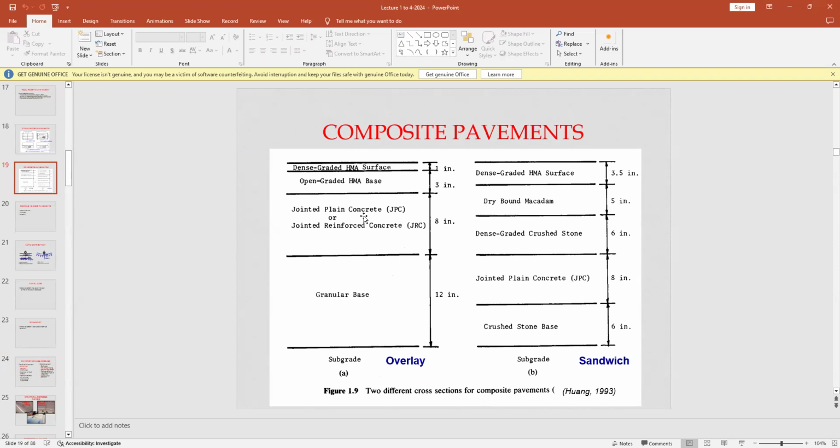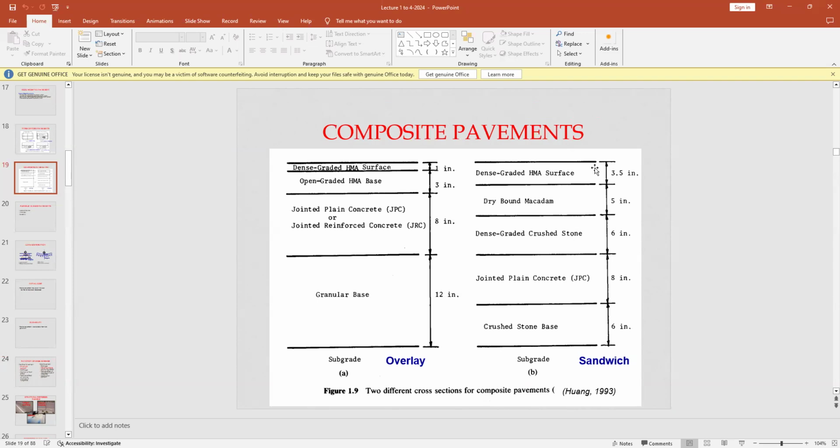And then another way is we can have an ordinary one. If you see the difference between the left and the right, in this sandwich pavement, we have this crushed stone, and then we have jointed plain concrete pavement, and then we have crushed stone, and then there's a dry bound macadam and designated HMA surface.